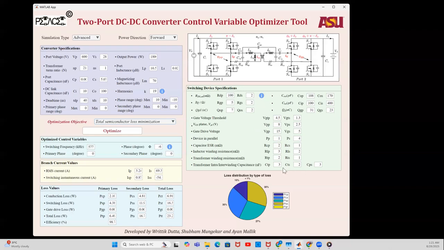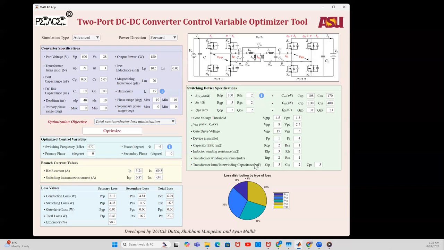Basically, the capacitor ESR, inductor winding resistance, and transformer winding resistance are lumped within those RTP values. We also need to define the inter and intra winding capacitances in order to improve the modeling accuracy of the converter.